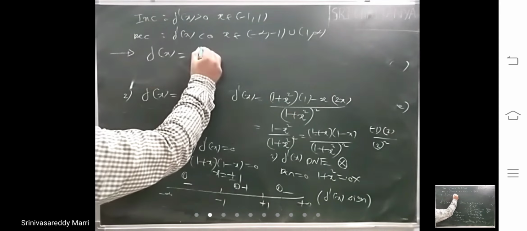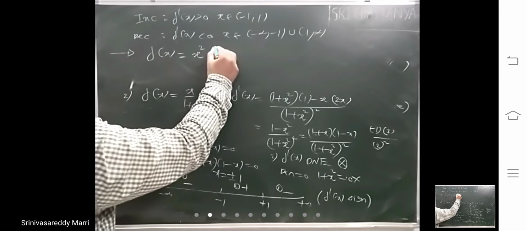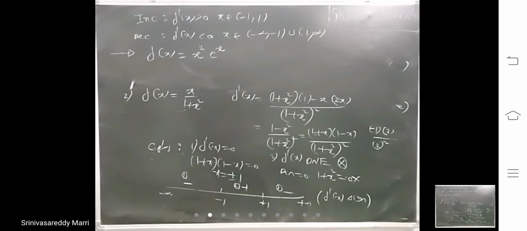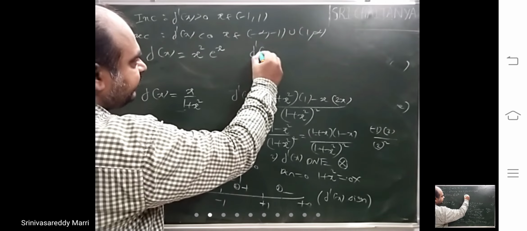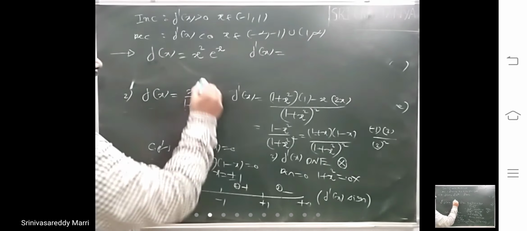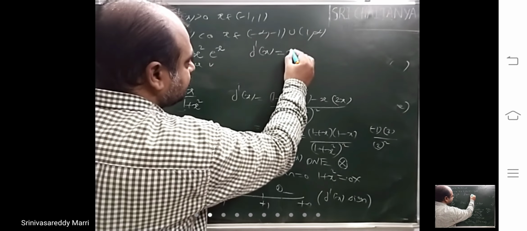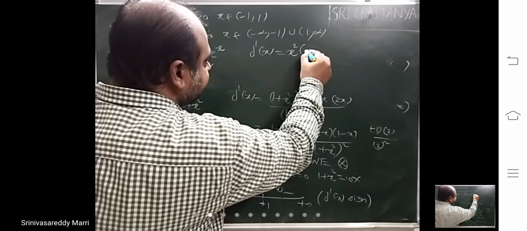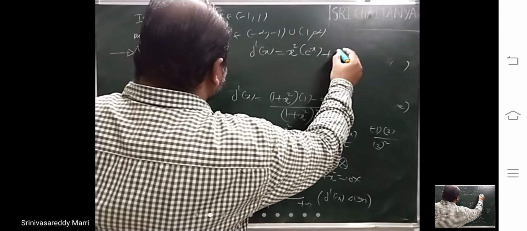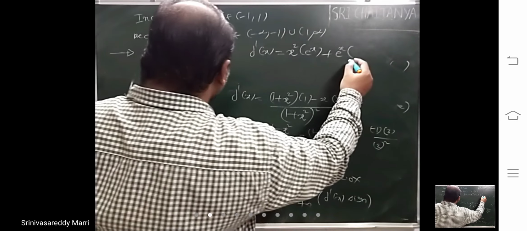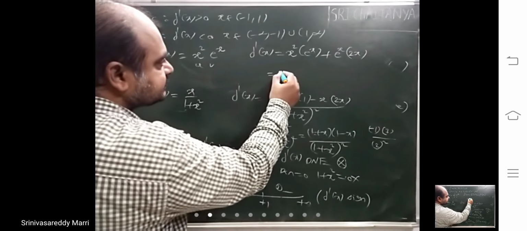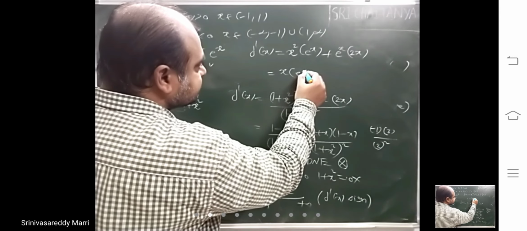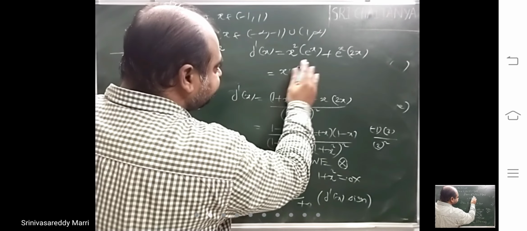Next, the last problem. f of x equals x square e power x. First target is the derivative. Using the uv rule: x square into the derivative of e power x, plus e power x into the derivative of x square, which is 2x. Take it in the factorized form.